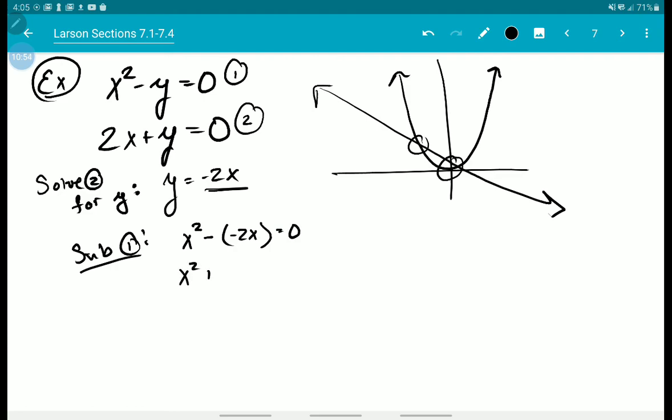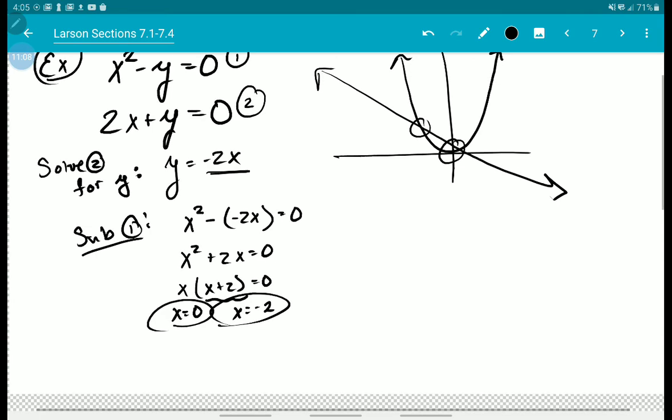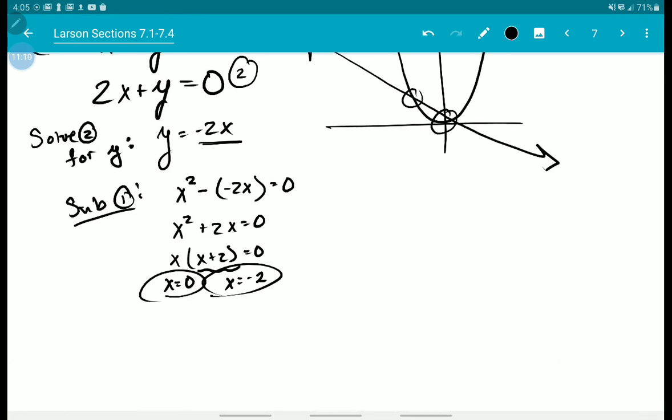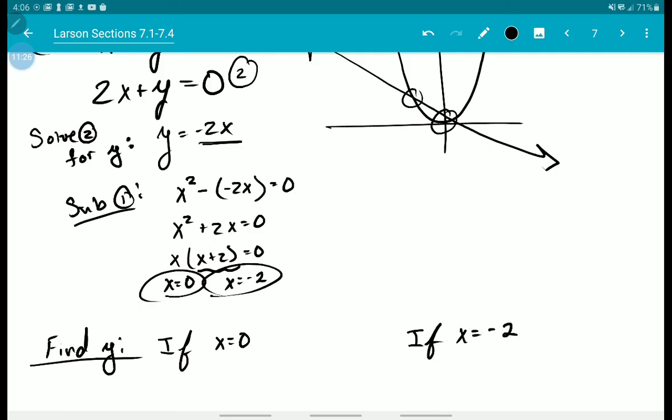So that means x squared plus 2x is equal to 0. We can factor an x out. So we're going to get x is equal to 0 and x is equal to negative 2. And now that we know x, we need to find y. We have two scenarios, when x is equal to 0 and when x is equal to negative 2.